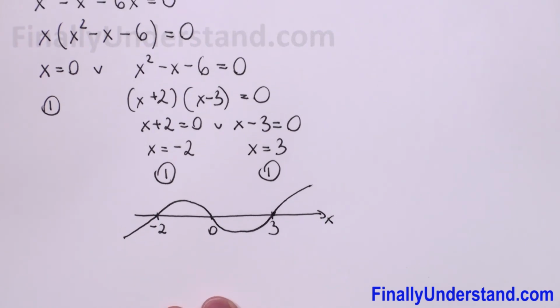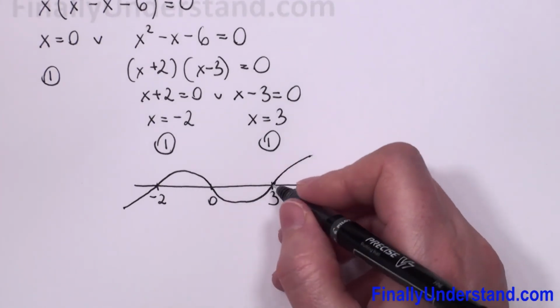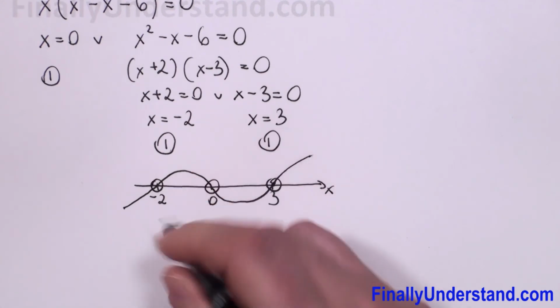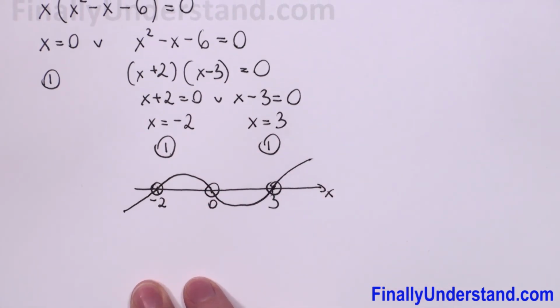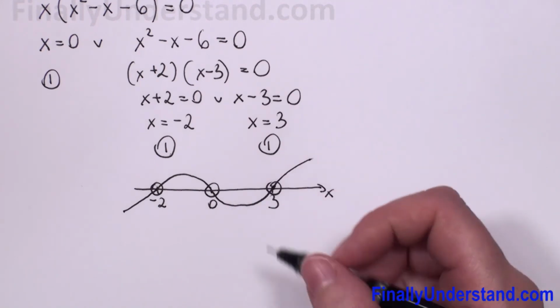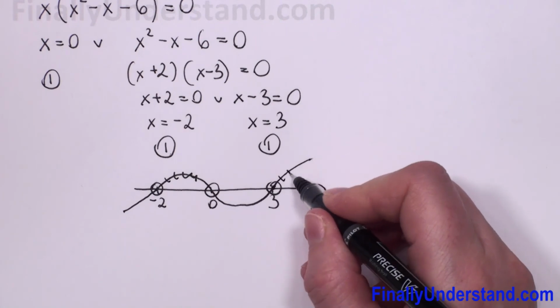Now we have to find the values greater than 0. It means our roots are not included, and greater than 0 is everything above our x number line. This part is above and this part is above.